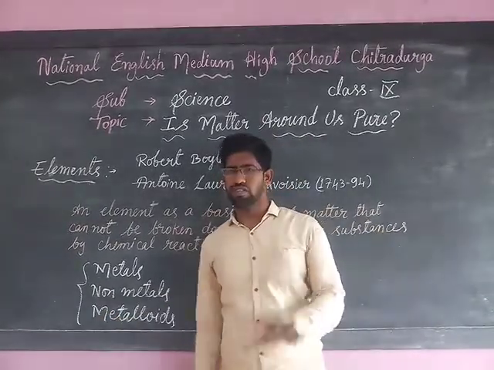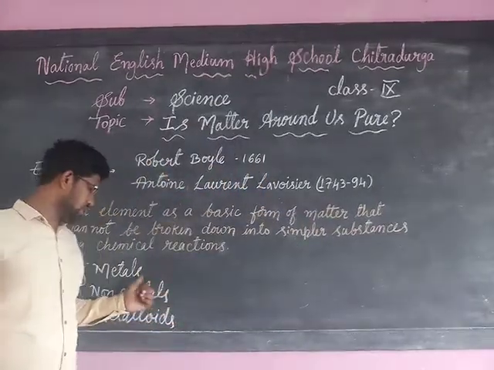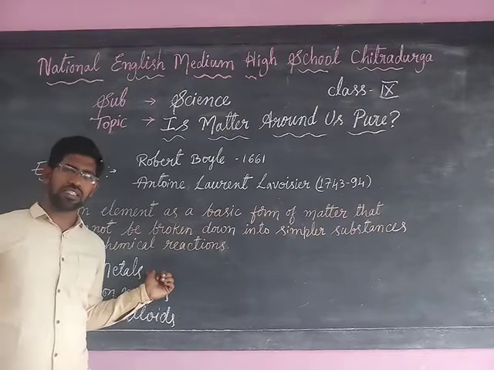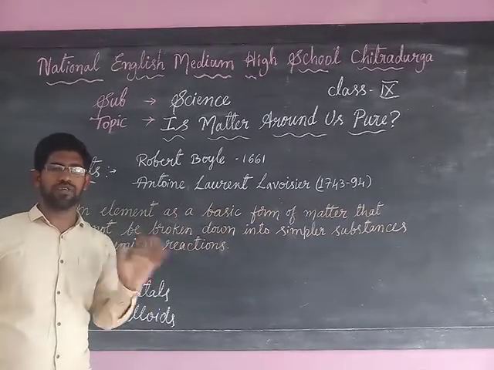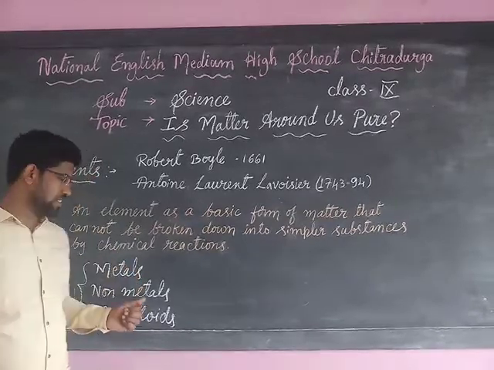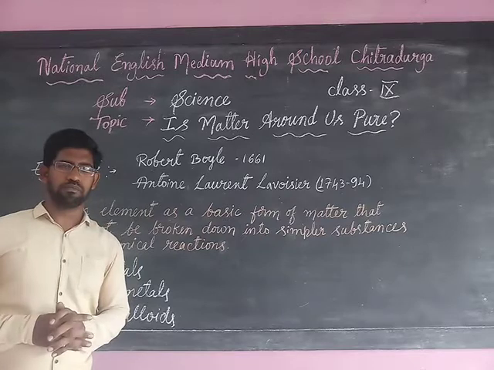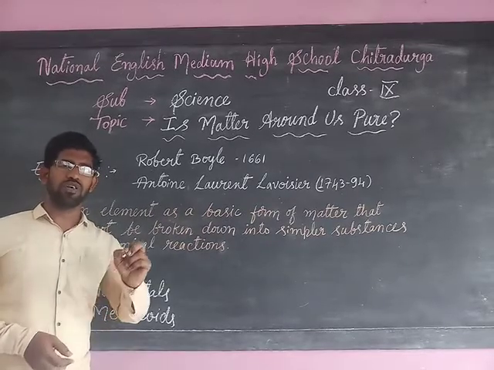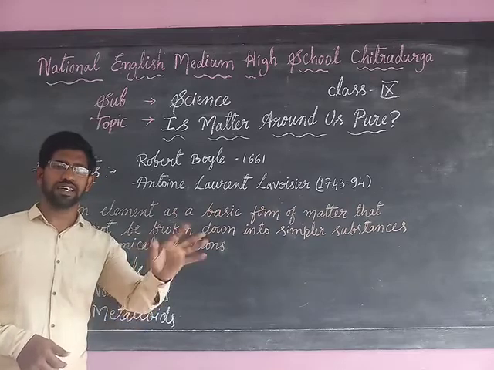What is metal? Generally, we identify the definitions of these three. The metals are the particles which can conduct electricity or heat through them easily. So they are called metals. The non-metals are the elements which cannot conduct heat or electricity, which cannot transfer heat and electricity.